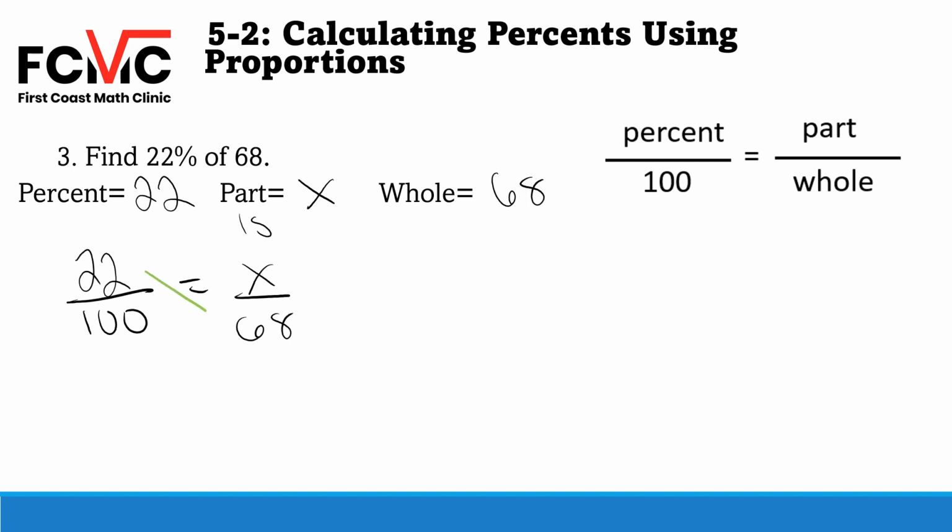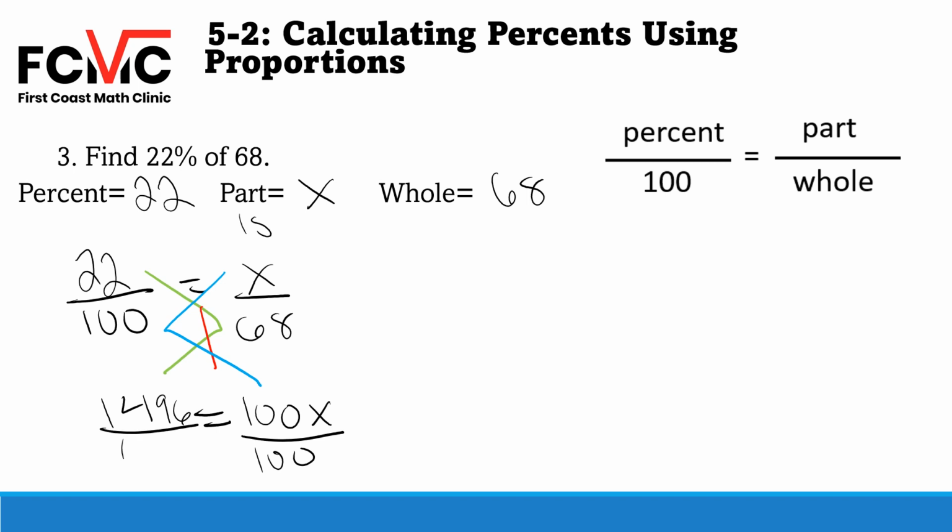So we'll cross multiply. 22 times 68. Bring down the equal sign. X times 100. So we get 100x equals, and divide by 100, divide by 100, and we get 14.96.